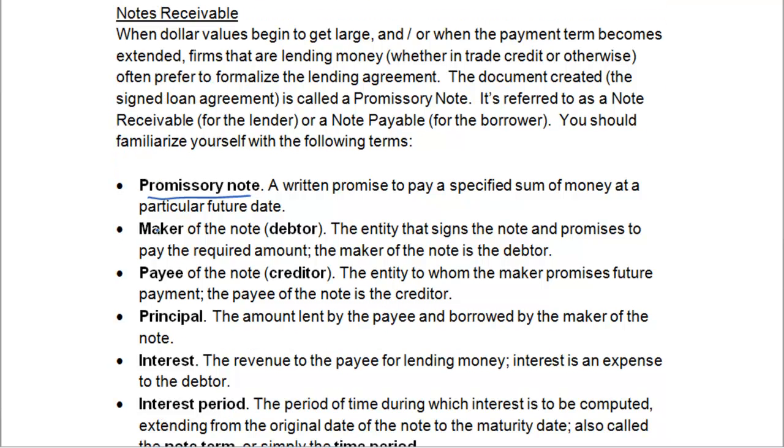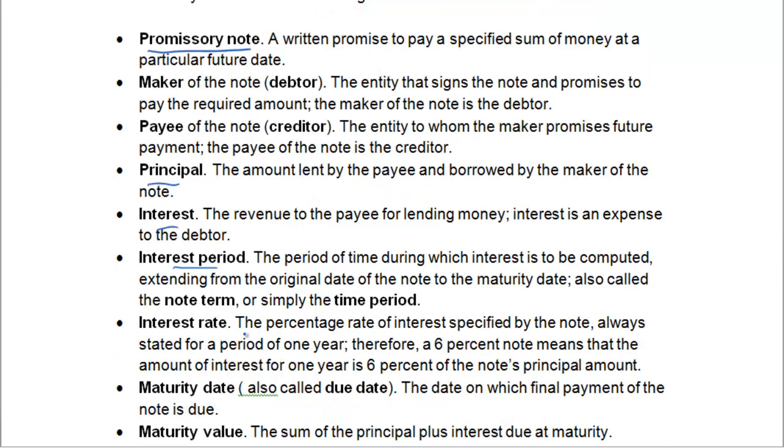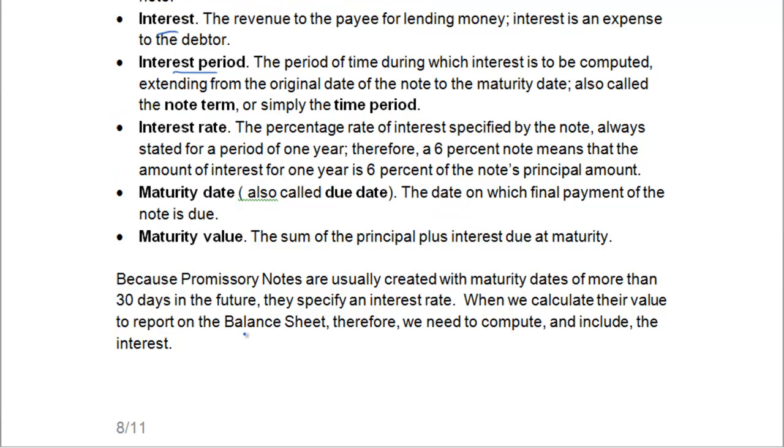So, a bunch of terminology for you to get familiar with. Some of it's fairly straightforward: debtor, creditor, maker, payee, principal, interest period, interest rate, maturity date, maturity value, and so on. But the key thing that, for practical purposes, distinguishes notes receivable from accounts receivable is that there is usually interest associated with a note receivable.